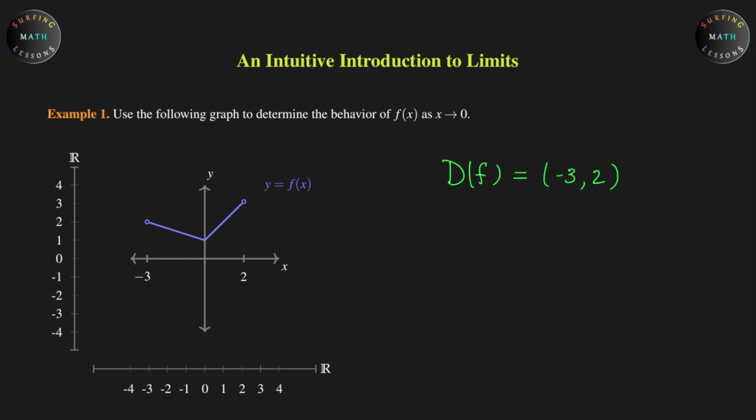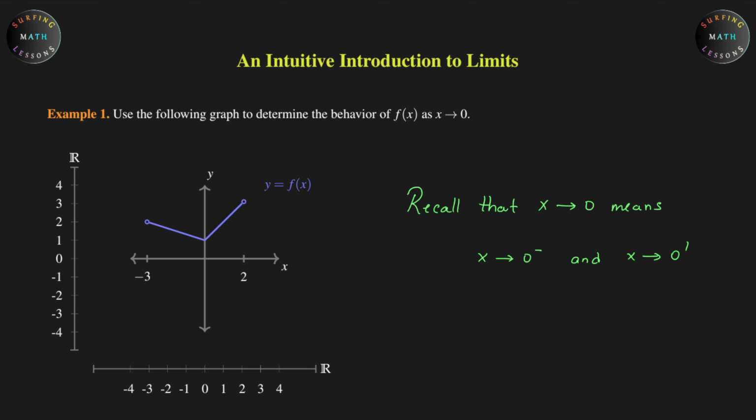Now recall that the symbol x arrow 0 means that the domain set of the function approaches 0 from both the left of 0 and the right of 0 respectively. To be more specific, we check the behavior twice, once per each direction.